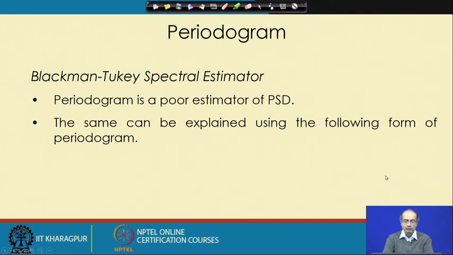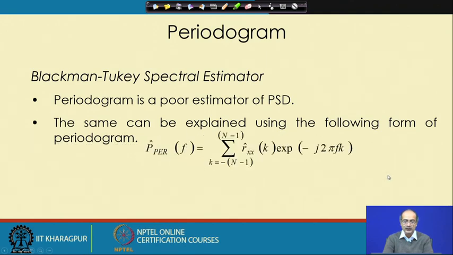Now, we can have some explanation for this, and for that we need to look back at the formulas of the periodogram. If we look at the periodogram formula, what we are actually taking is the estimated autocorrelation sequence instead of the autocorrelation sequence.